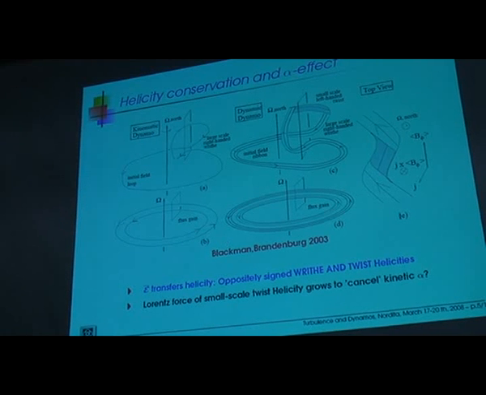And so you will get a back reaction due to the twist that you're going to create all the time. And they can come and try to cancel your alpha in the sense that your kinematic alpha wants to take loops and twist them, but the twists that you keep on introducing are trying to untwist these things. So that can be a nonlinear back reaction.